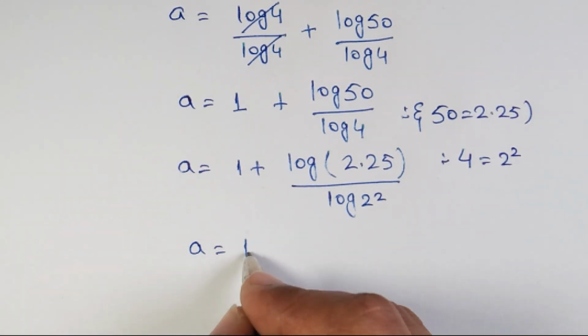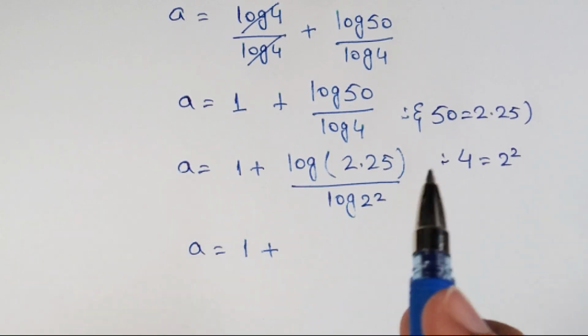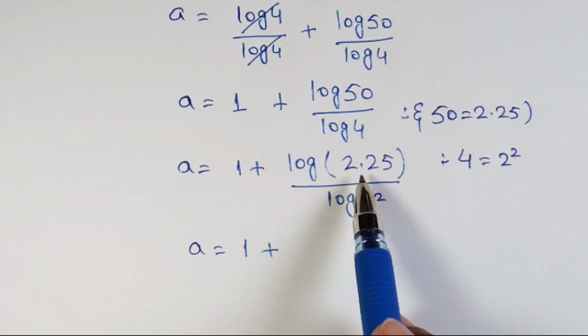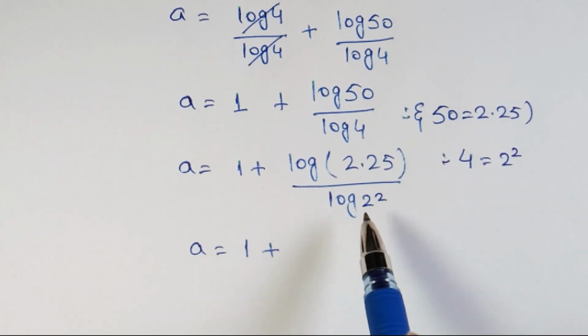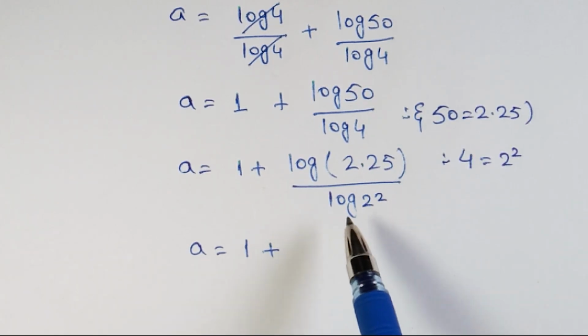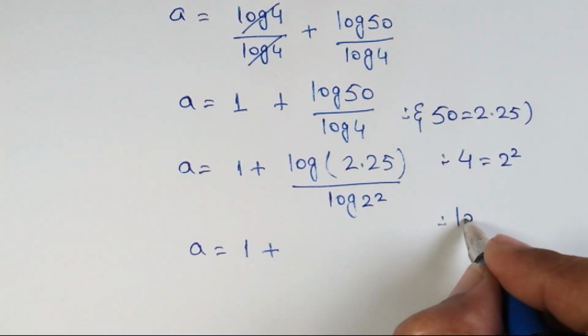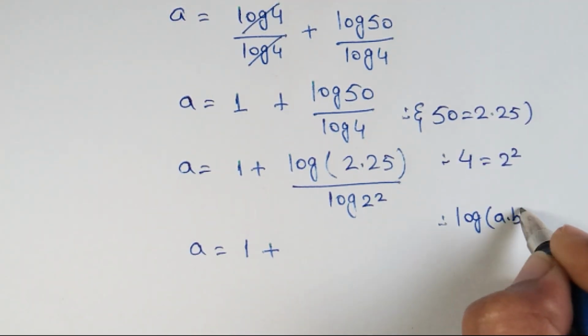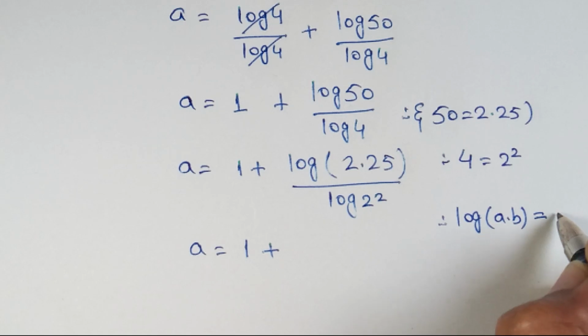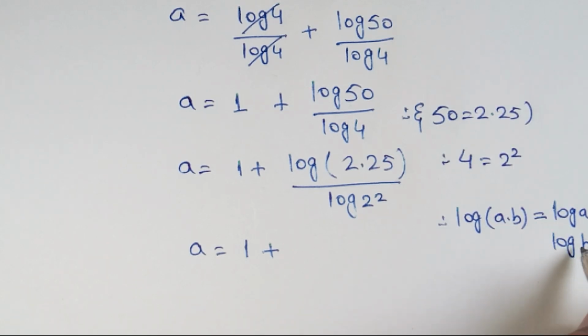So now we have a is equal to 1 plus. In this part of the expression we will apply the same property as we used on the previous part, which is log of a into b is equal to log of a plus log of b.